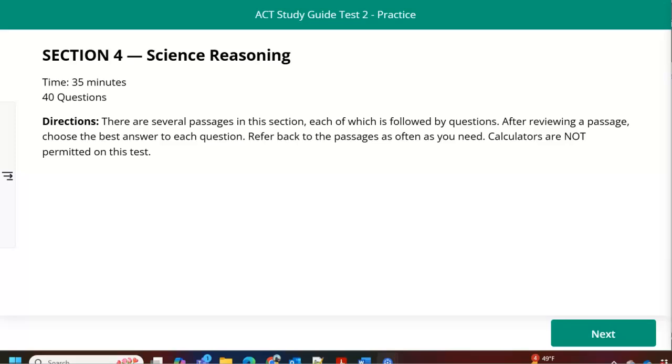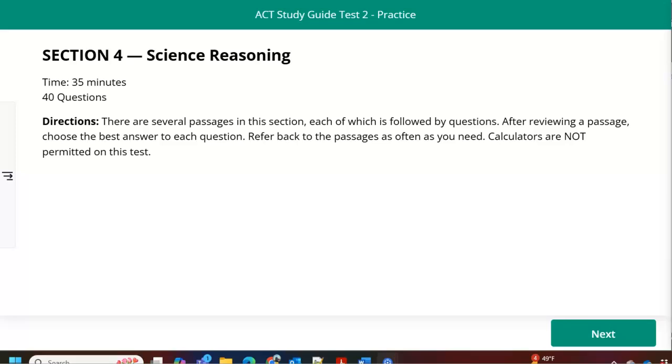Not everybody is trying to get a 36 on the ACT. You may know that you are not a strong reader. You may discover in doing practice tests that you can get a better score just by skipping a passage, doing as well as you can on the other passages and skipping one.